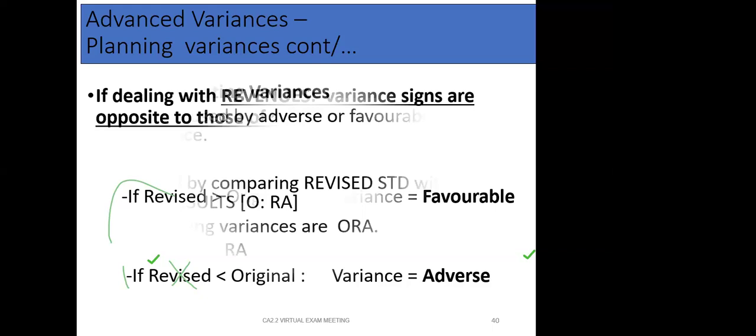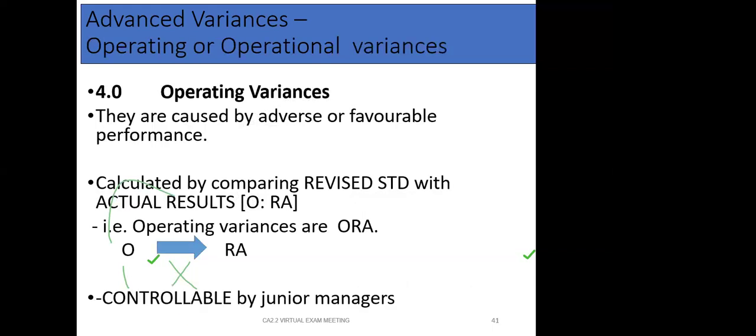Next, go to operating variances. These are caused by adverse or favorable performance. They are calculated by comparing revised standards with the actual results. So revised is still there, just like in planning variances, but you compare with actual results. In planning variances, you compare the revised with the original.